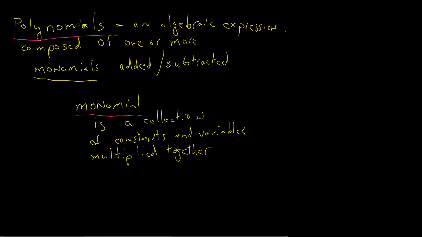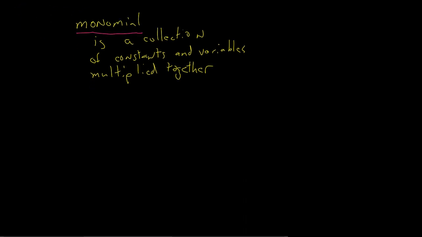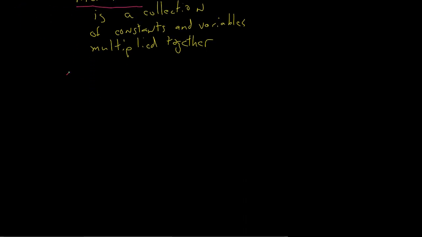And so what we mean by that is constant 3, that's a monomial. Sorry, oops, I lost my 3. There we go. X, that's a monomial, right?